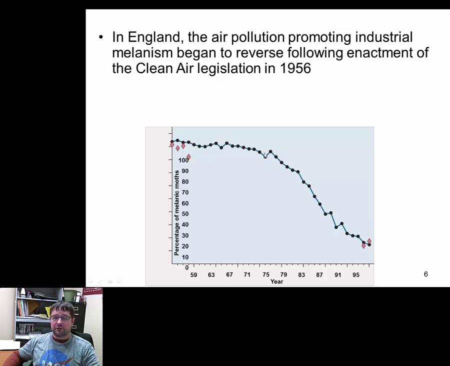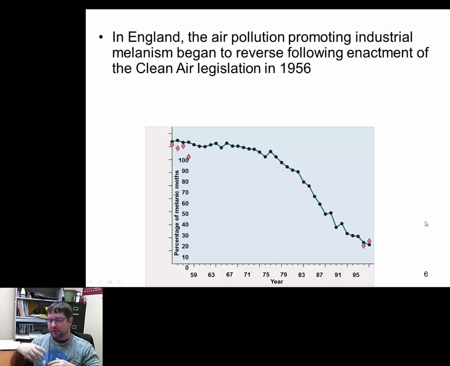It took a lag period, quite a bit, but eventually, by the 1980s, you start to see a drastic change all the way to today, where about 10% of the moths are dark and 90% are back to white.